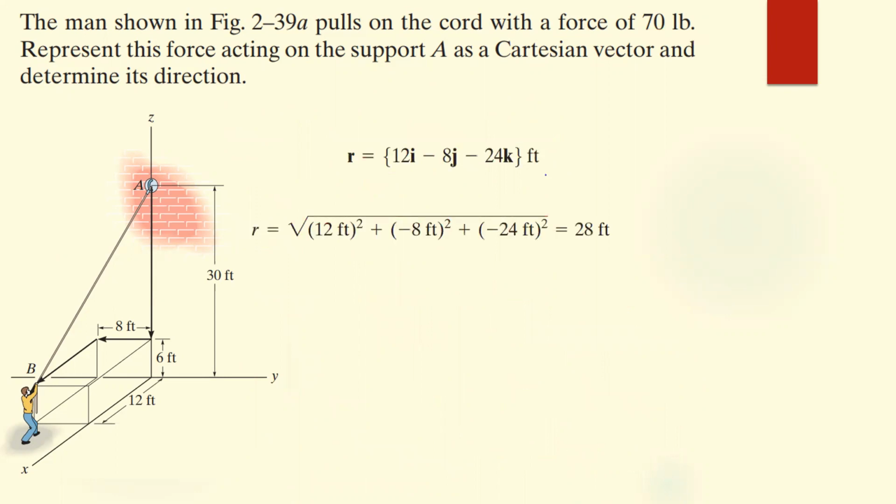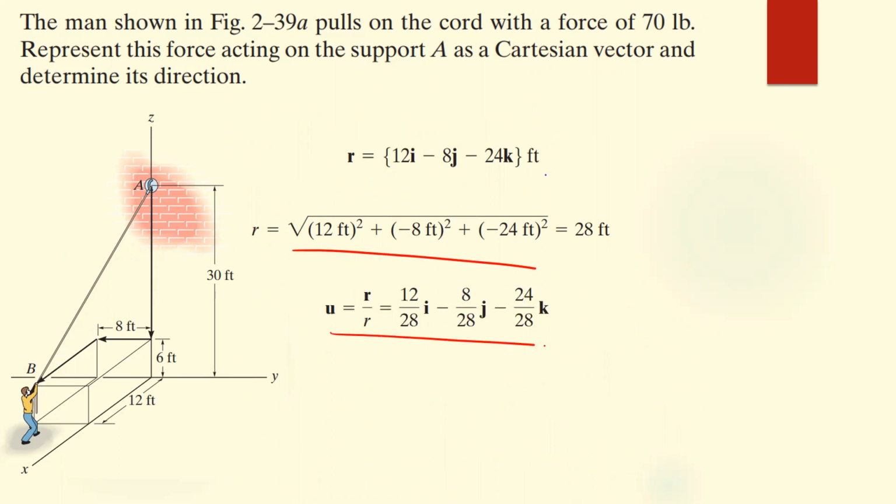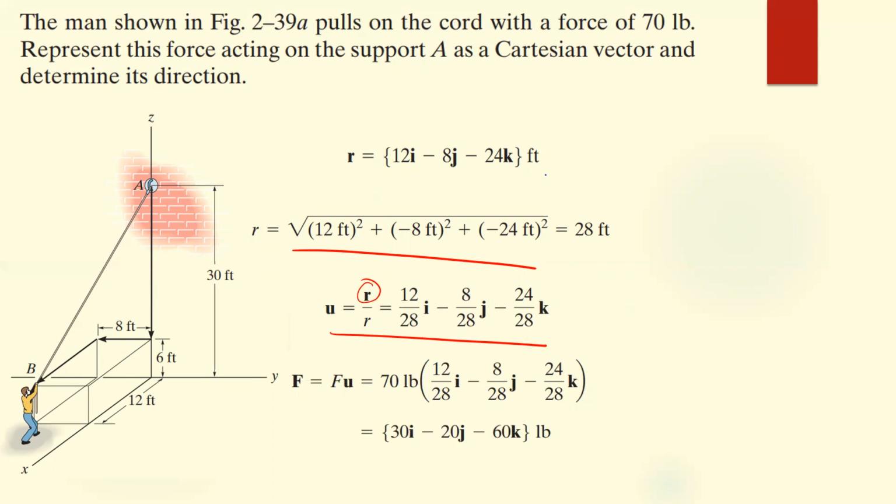This is what I was just trying to explain. You first find the magnitude. After finding the magnitude, you find the unit vector in the direction of the position vector. Then you multiply the force with the unit vector that you have found, and this is what you get.